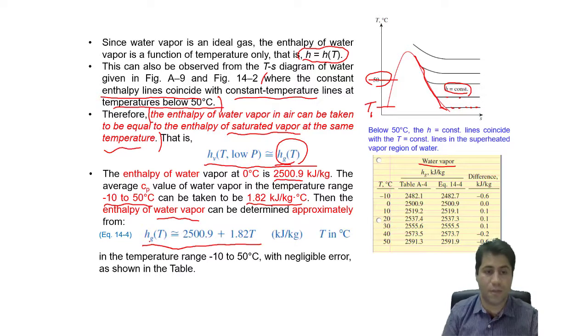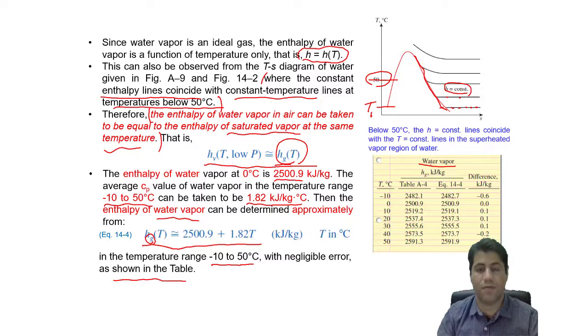h_g(T), or enthalpy of the water vapor here, which is saturated gas at this temperature, equals 2500.9 plus 1.82 times T, the temperature. This equation is valid in the temperature range of negative 10 to 50 degrees Celsius with negligible error, which you can see here. This is the table for water vapor at different temperatures.